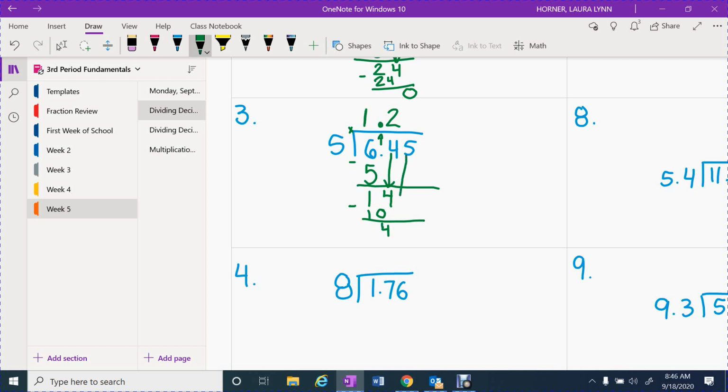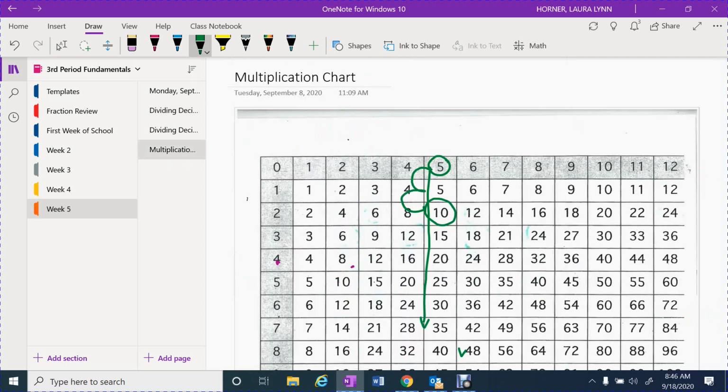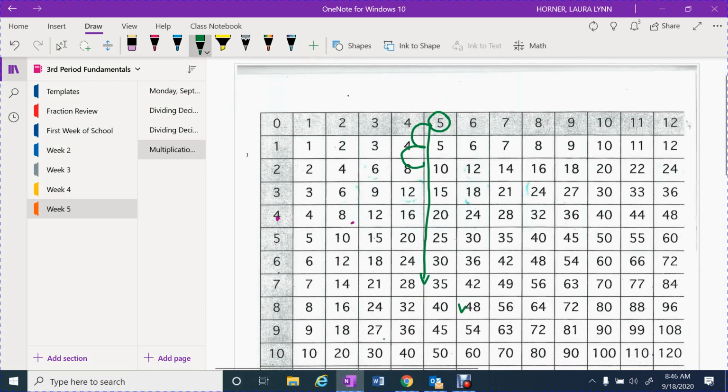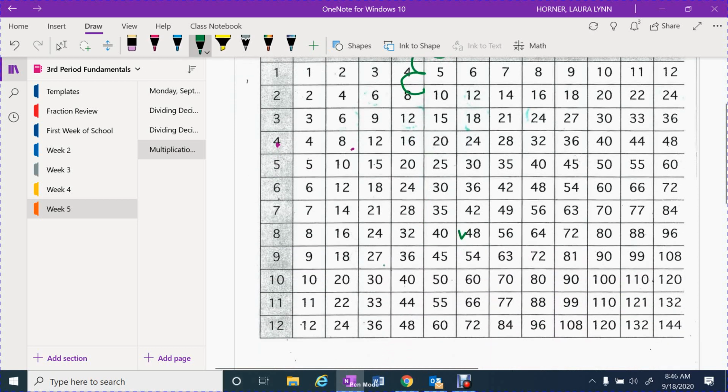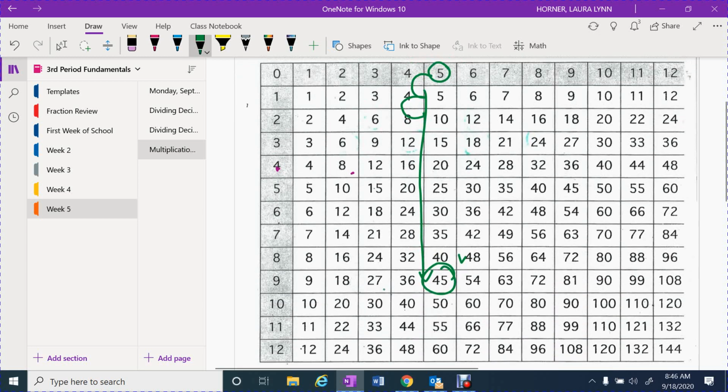Bring down my last number, the 5. Trying to figure out how many 5s fit into the number 45. So just looking down this list, let's see, I might have to scroll down here to get to my 45. Oh, right here, it goes in perfectly. So let's count how many jumps it's going to take us.